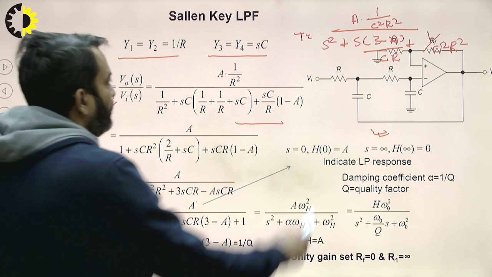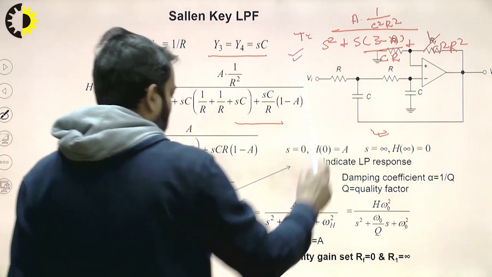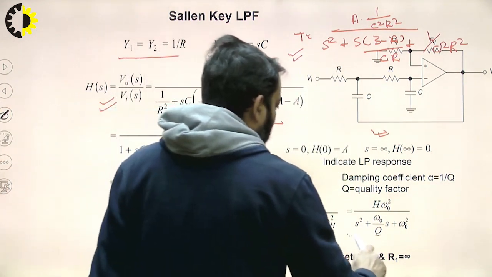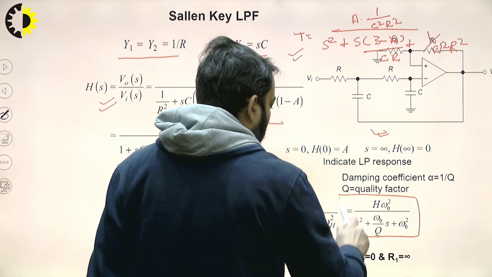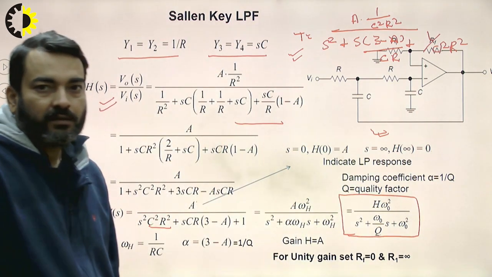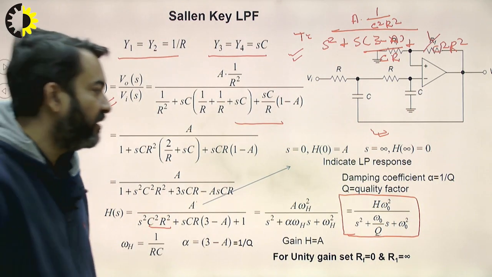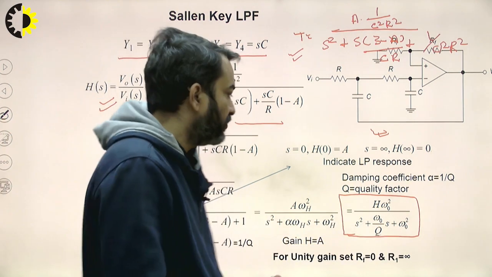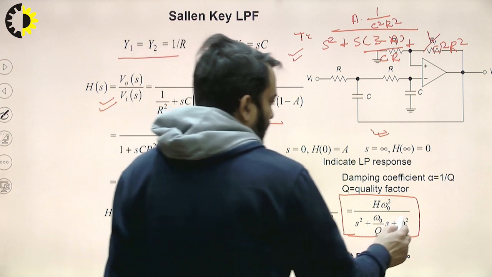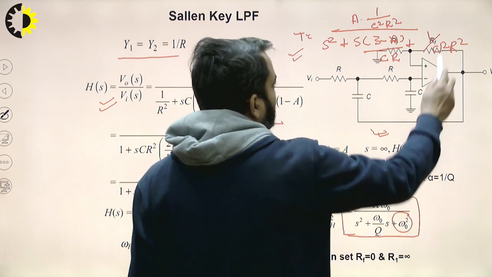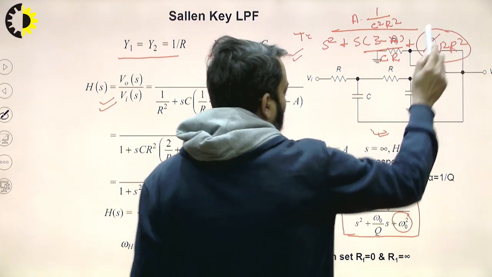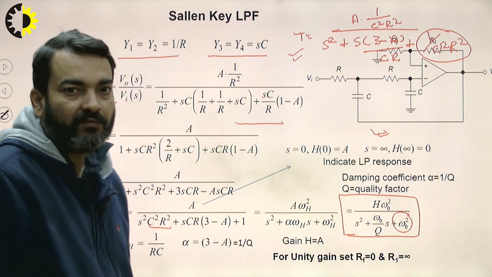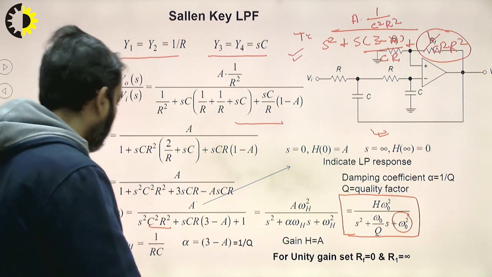And now we will compare this transfer function with the standard transfer function of low pass. So for getting the parameter values, we will start from the last term of the denominator. So here if we compare, omega naught square is equal to 1 by C square R square. So simply we will say omega naught is equal to 1 by RC.